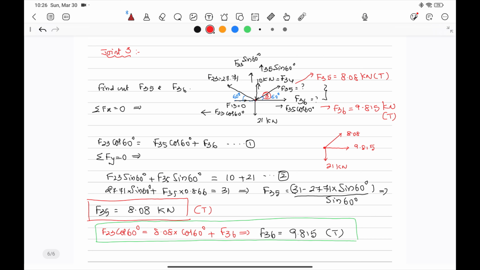And F13, because it is dummy 0, then direction doesn't matter.